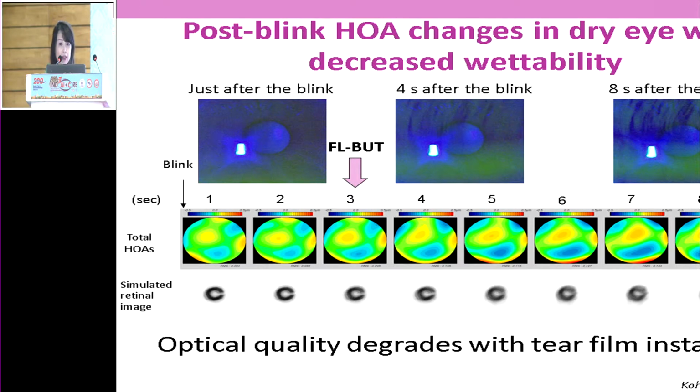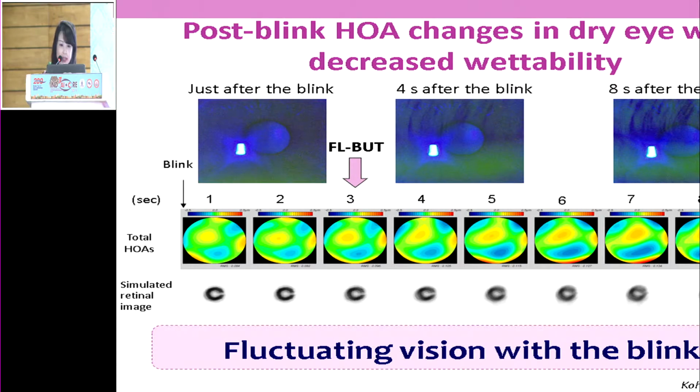In this case, you can see the tear film breakup after 3 seconds after the blink. Right after the blink, retinal image quality is good, but you can see the deterioration of the retinal image quality after that. So in this case, optical quality degrades with tear film instability. It can explain fluctuating vision with the blink.